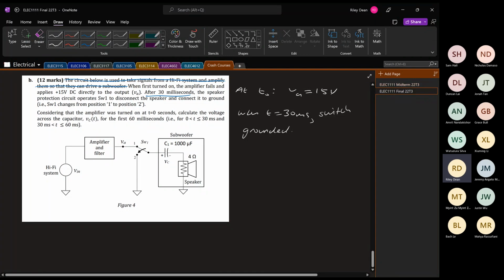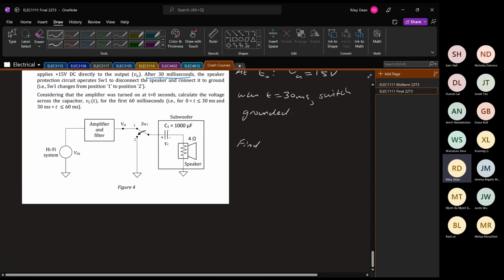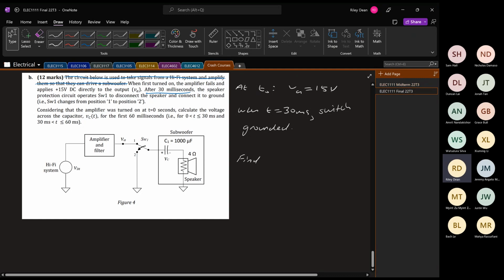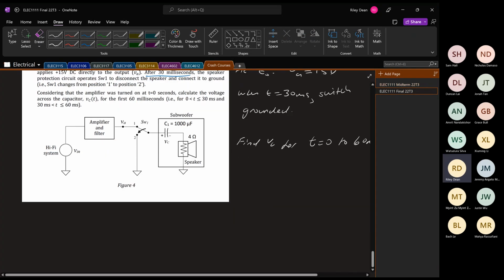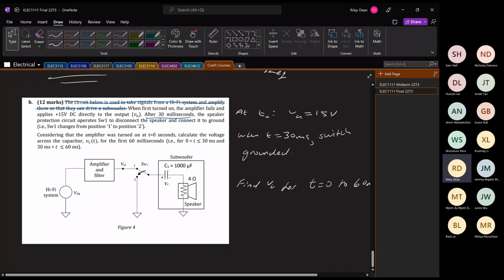And lastly, all we want to do is find VC for T equals 0 to 60 ms. For this, we firstly need to remember the equations for capacitors. Does anyone remember the standard equation we used for the charging and discharging of a capacitor?